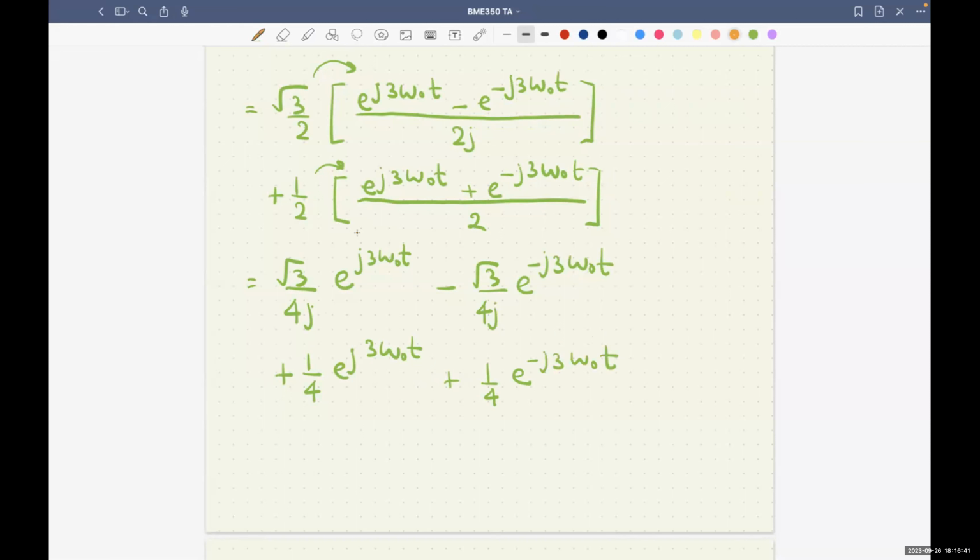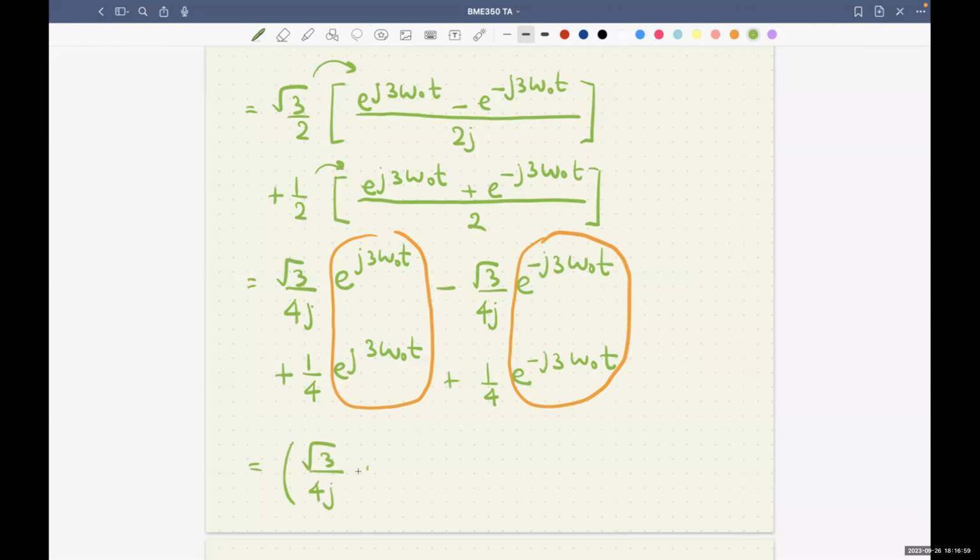Now I want to put the same complex terms together. So I can write them as bracket root 3 over 4j plus 1 over 4 times this first complex term, e to the power of j 3 omega naught t.